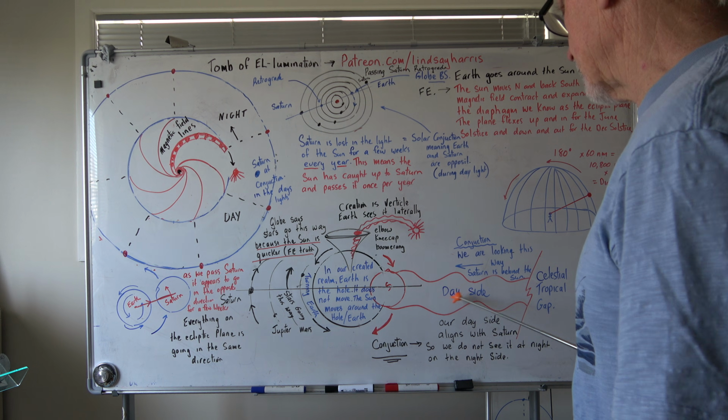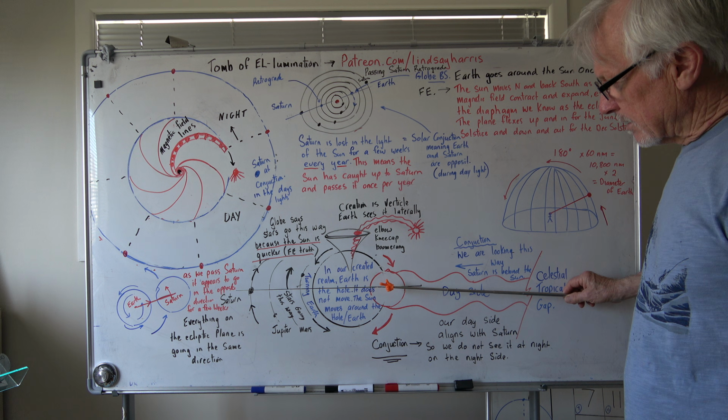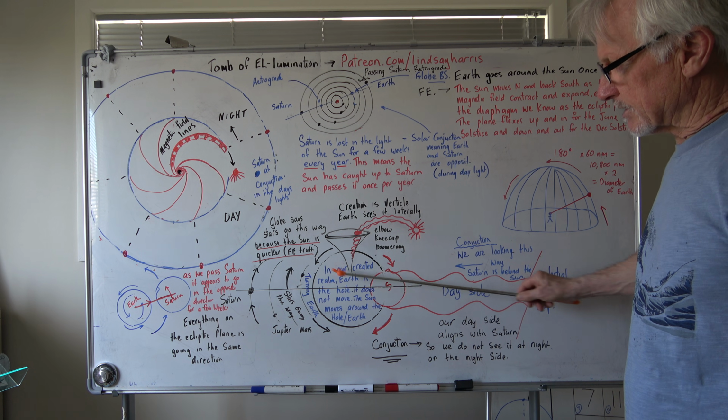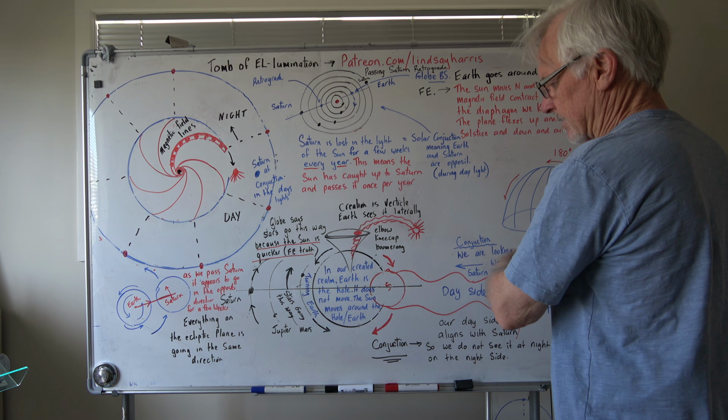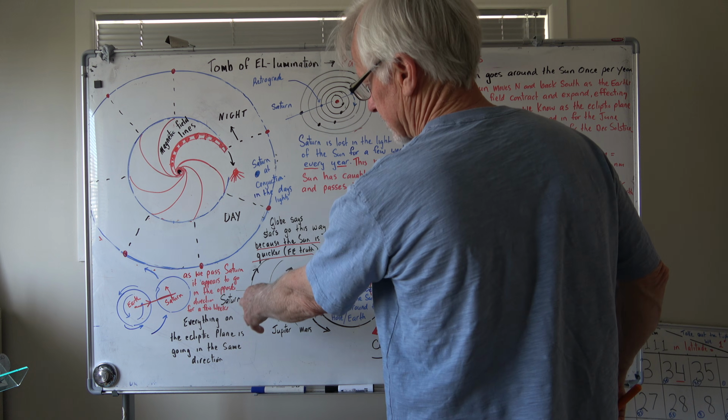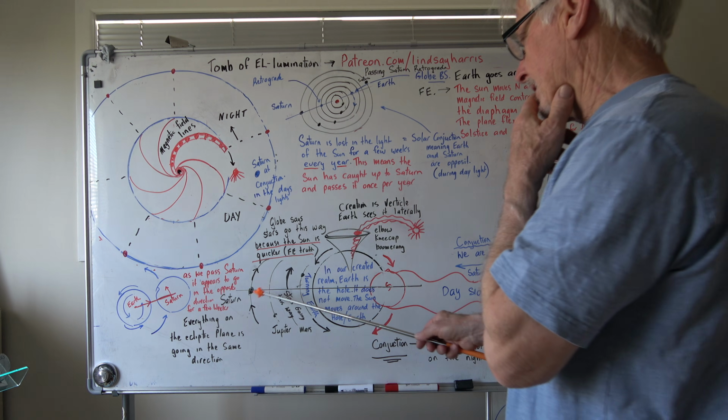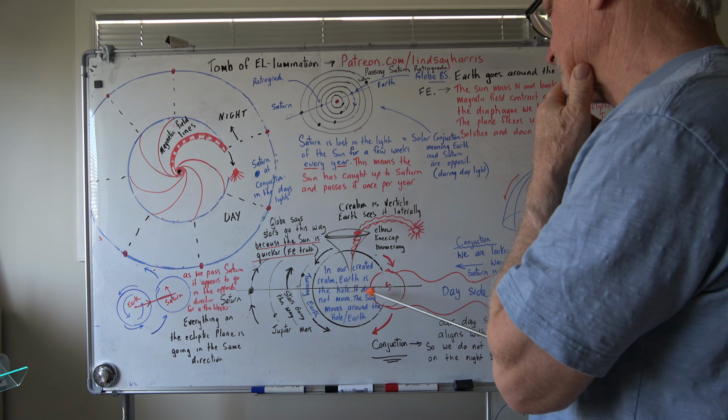If that's your day, this is day side, so we don't get to see the night, which is over here. So let's say you're on that side of the world, you're on this side now, so there's Saturn, and the Sun's directly over here.